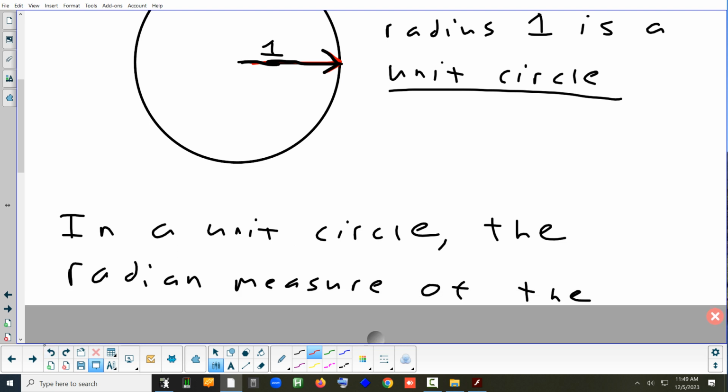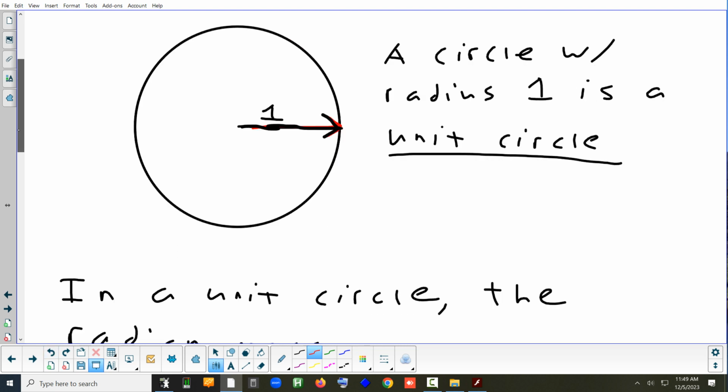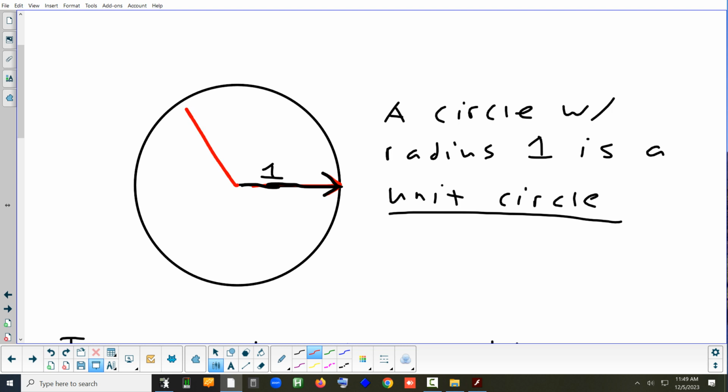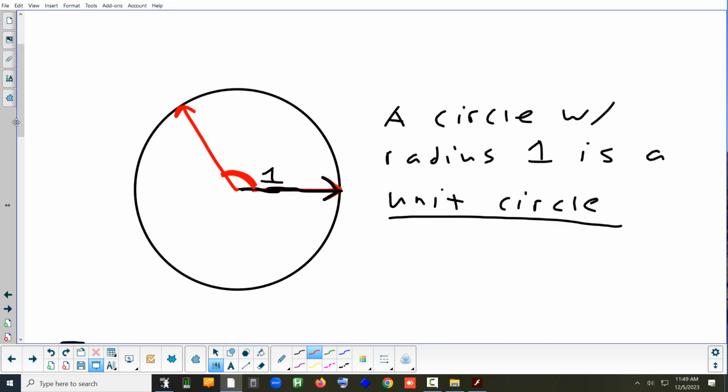So in a unit circle, if you draw an angle like that, and you measure the size of that angle, and then you take a piece of string and measure the length of that arc, the length of that arc and the measure of that angle will come out exactly the same.